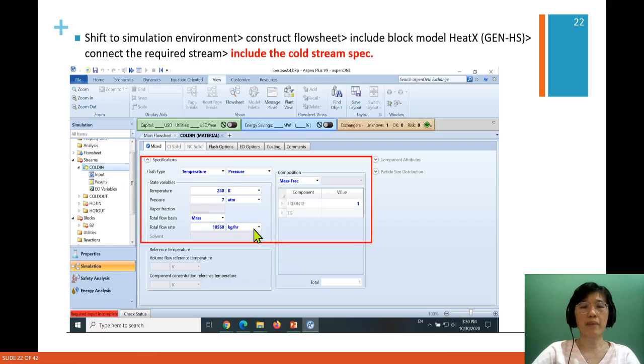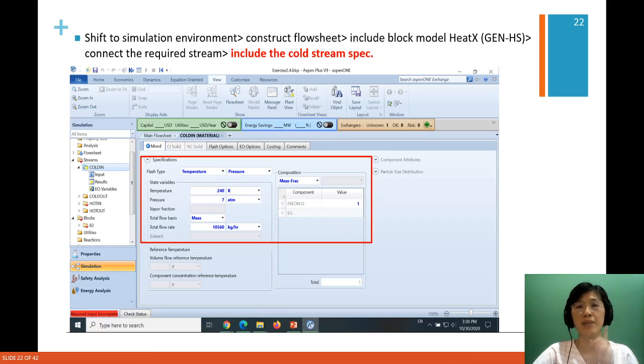Remember the feed flow rate here is given in terms of mass. So it is 10,560 kilogram per hour, and the mass fraction is 100% Freon 12, right? Because we have only Freon 12 as a cold stream. So the mass fraction is 1.